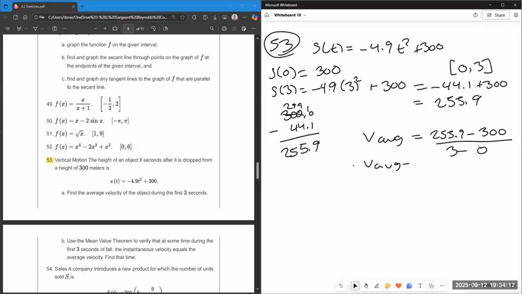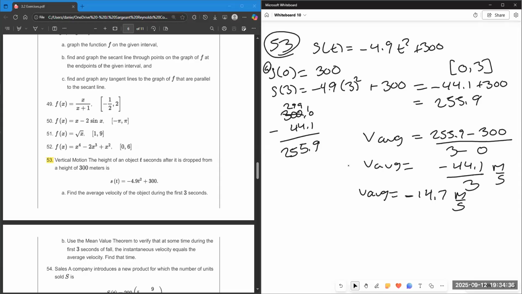The average is going to be a negative 44.1 over 3, and that's meters per second. So the average, when I divide that out, is a negative 14.7 meters per second. That's for part A.